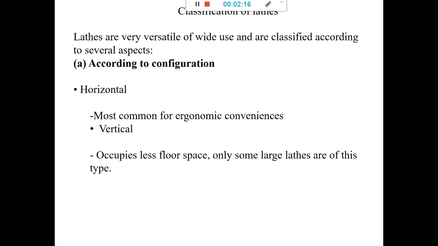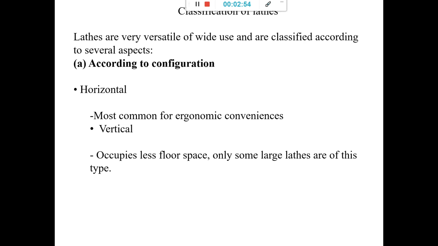Let's start. Lathes are very versatile and widely used, and they are classified according to several aspects. First, according to configuration, we can classify the lathe as horizontal lathe. Horizontal lathes are the most common and ergonomic configuration. Ergonomic means the design that is mostly suited for human application.